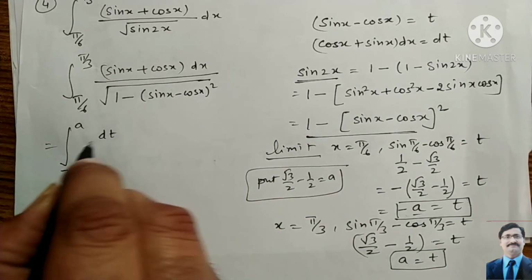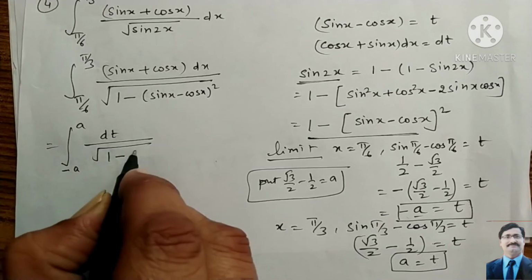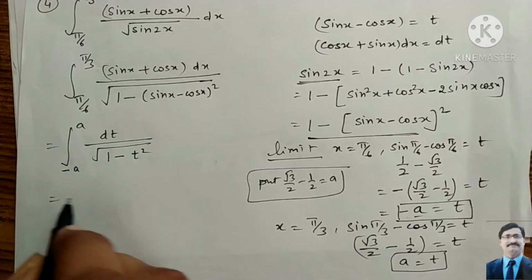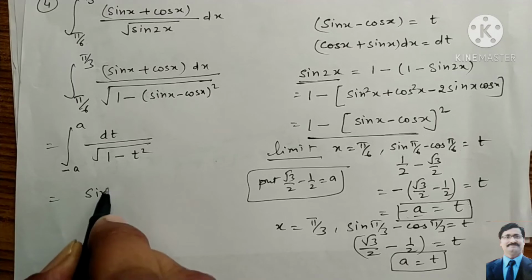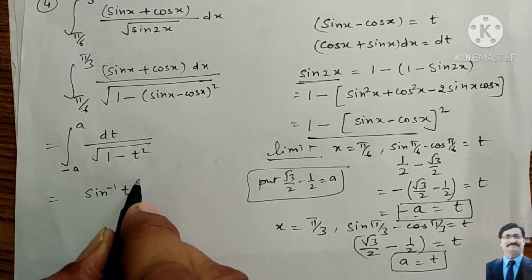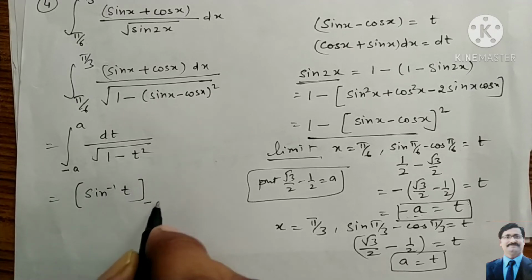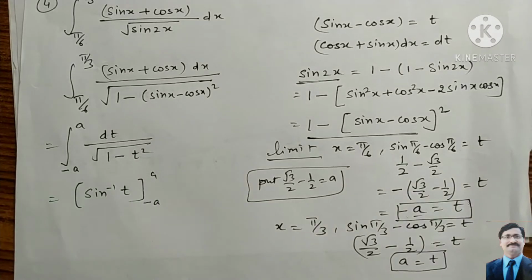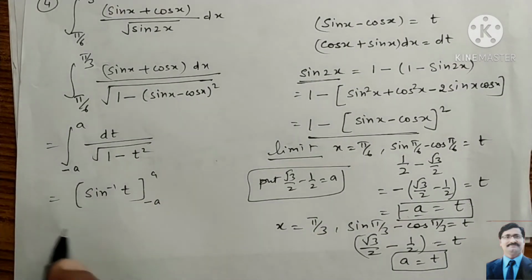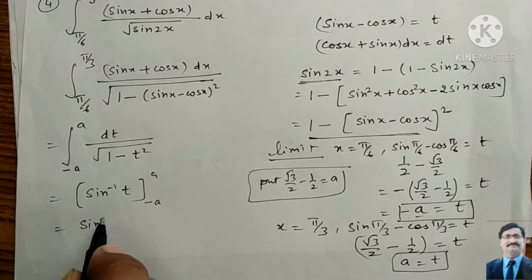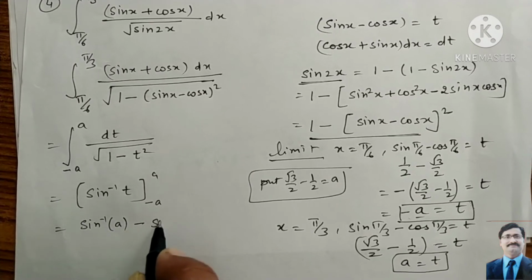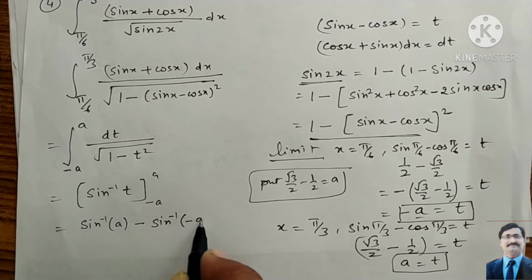So this is dt upon √(1 − t²), and this is the standard formula of sin⁻¹ t. Now we put the limits: sin⁻¹ a minus sin⁻¹(−a).